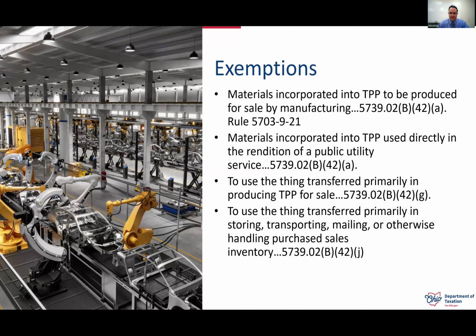And then the next one is to use the things transferred primary and production for TPP for sale. This one kind of goes with the first bullet point for manufacturing. This exemption applies to the manufacturing equipment. And then the last on this slide, we have handling purchase sales inventory are exempt. An example of that is like a warehouse distribution center.